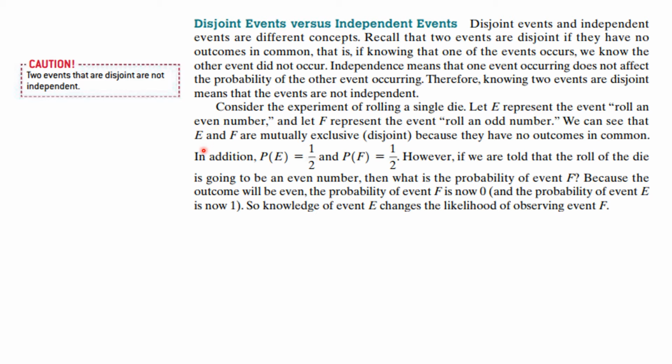Since these are mutually exclusive because they don't happen together, and the probability of each is 1/2. However, if we were told that the roll of the die is to be an even number, then the probability of event F changes. So the knowledge of event E changes the likelihood of observing event F.